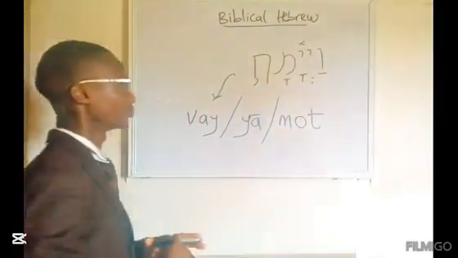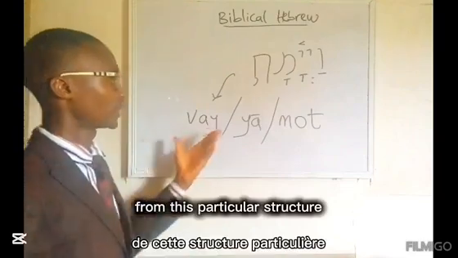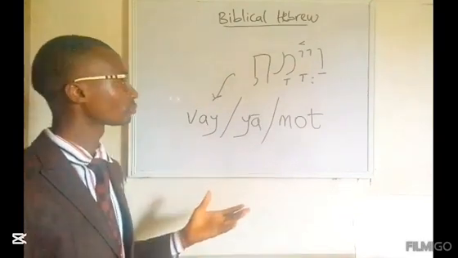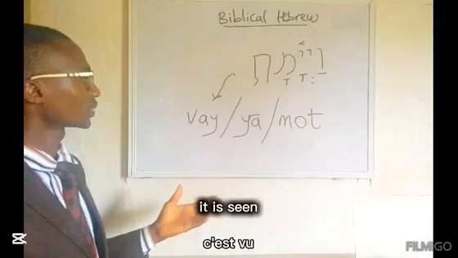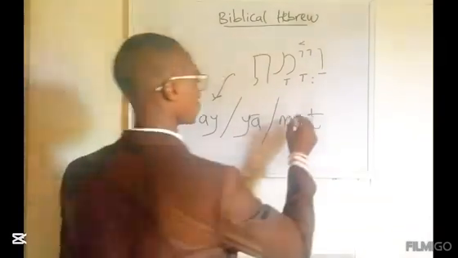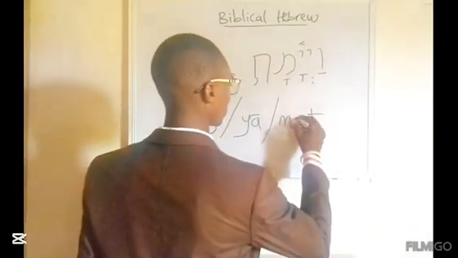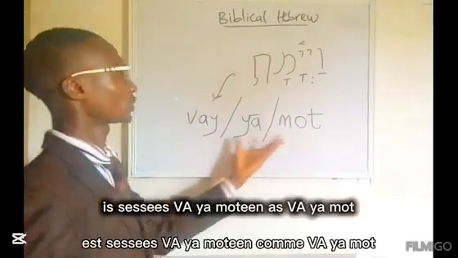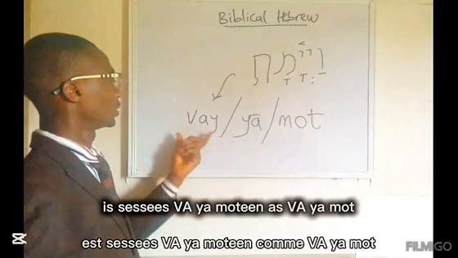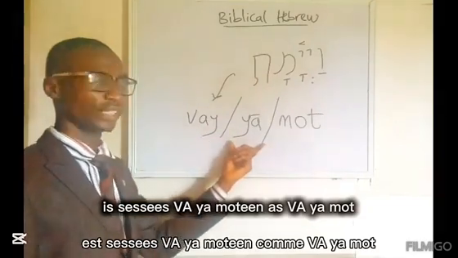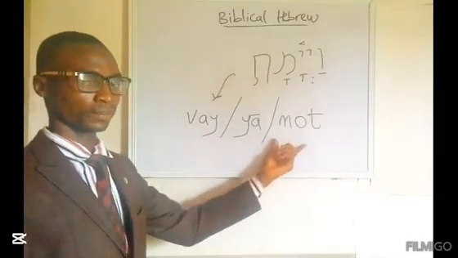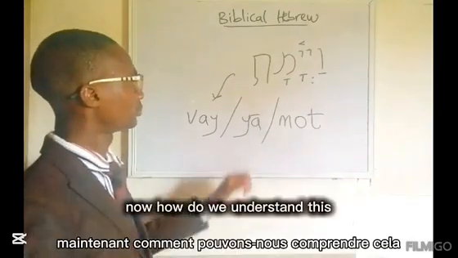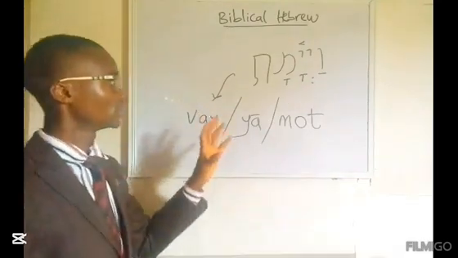Now, from this particular structure, it is seen as Va Ya Mot. Now, how do we understand this?